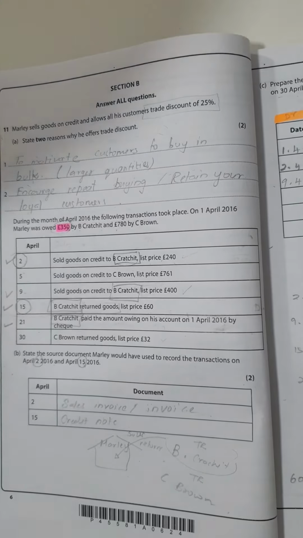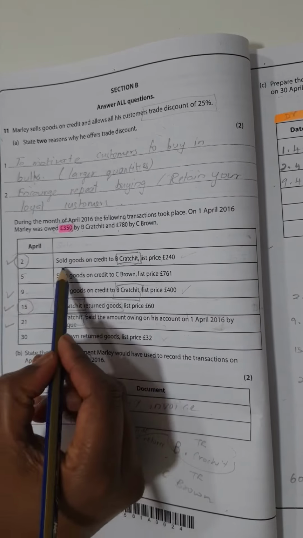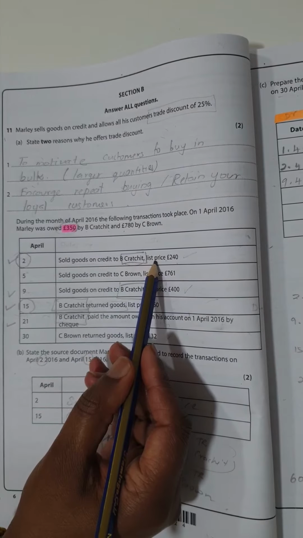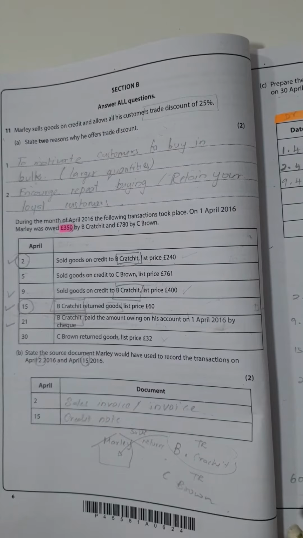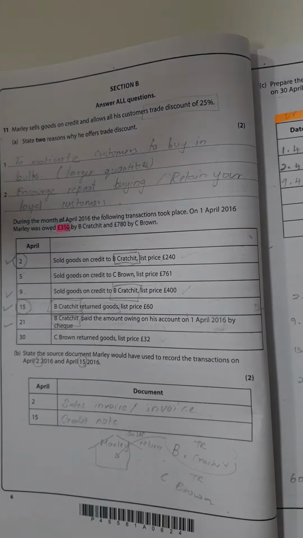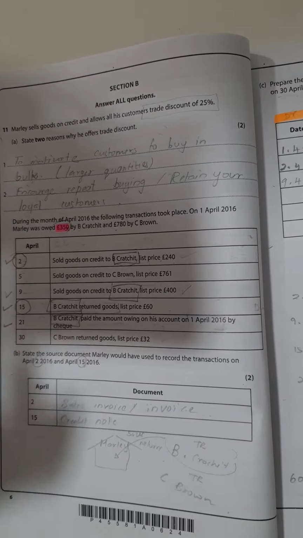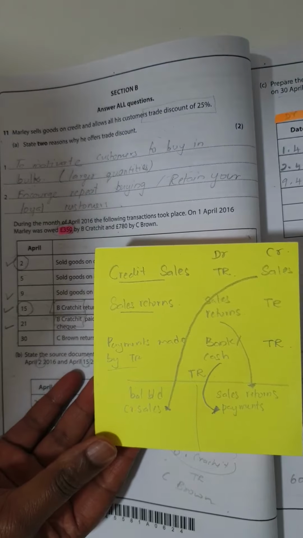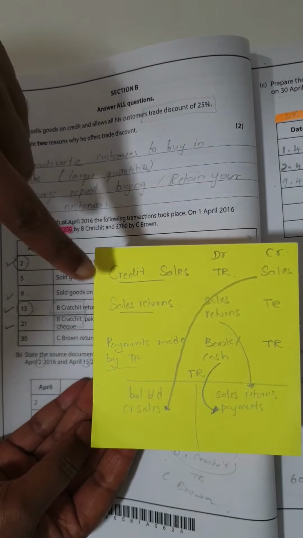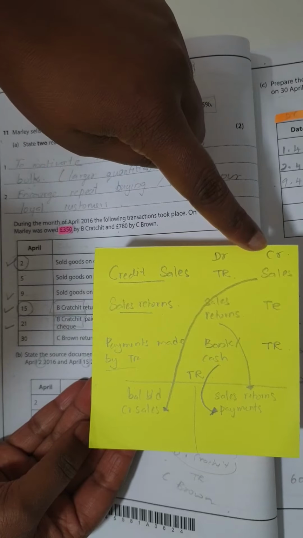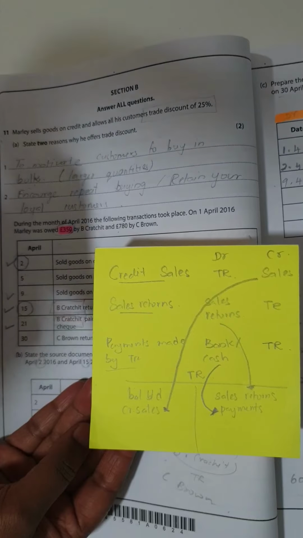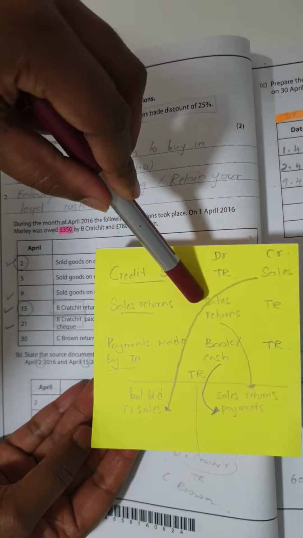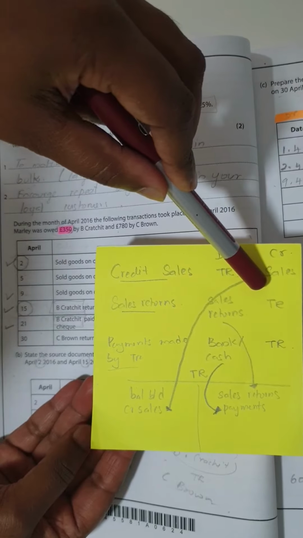Now before moving into this, you should know the double entries of each of these transactions. You should know the double entry of credit sales: trade receivable debit, sales credit. Sales returns: sales returns debit, trade receivable credit.